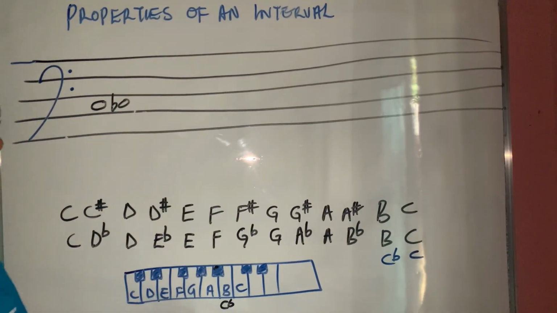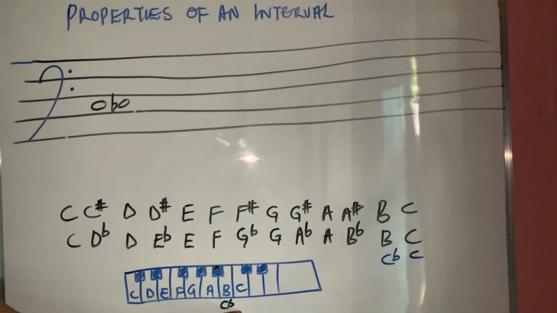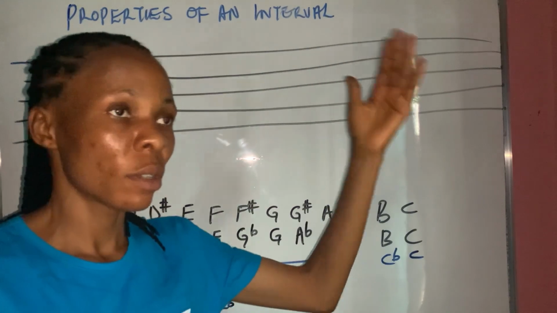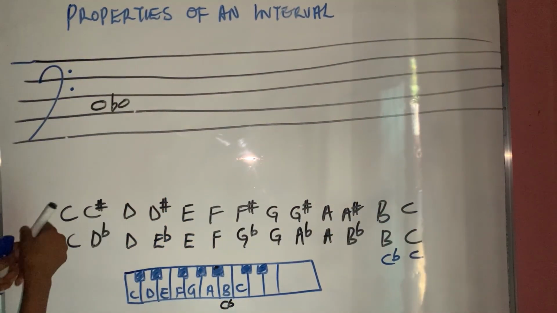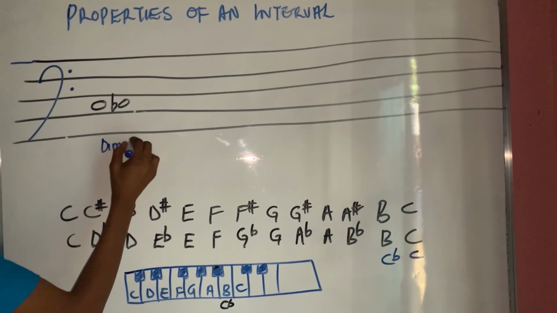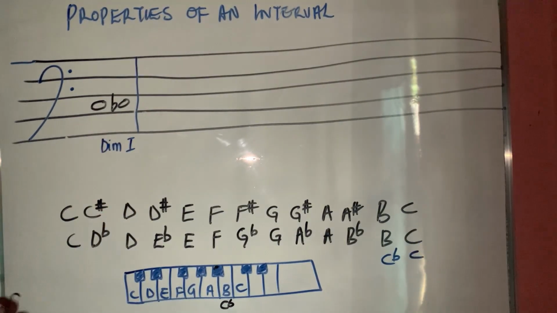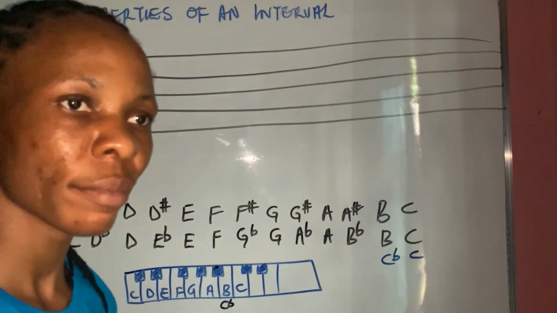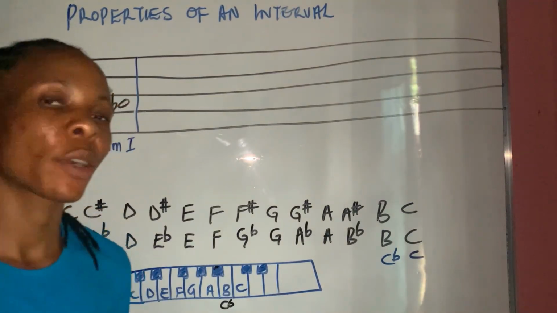If you say C to B, you're referring to another quality and another property of an interval. So C to C flat: I said when a perfect is reduced or decreased by a semitone, it gives you diminished. So C to C flat is going to be called diminished unison. Do you understand? When a perfect is reduced, it becomes a diminished.